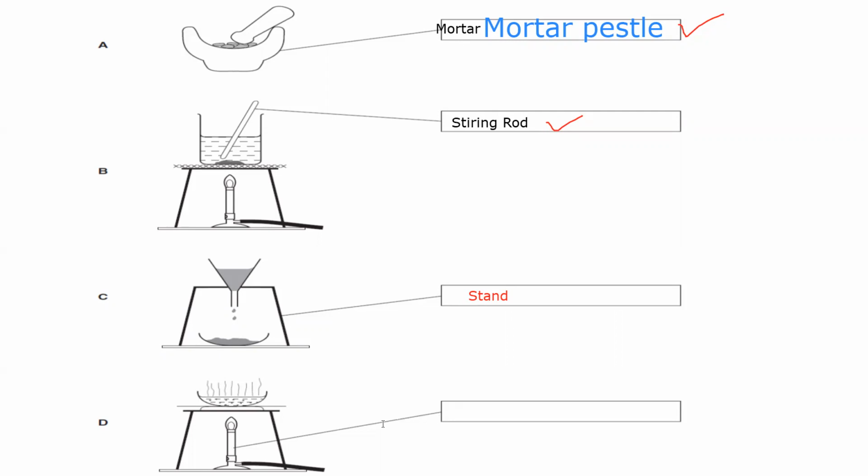What is this apparatus called? It's a Bunsen burner, that's right. So that's a Bunsen burner. Moving on to the next part.